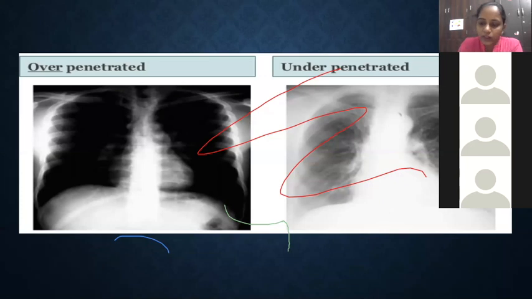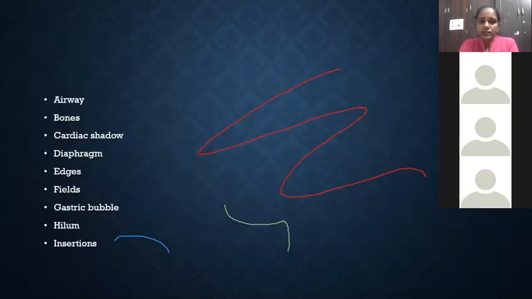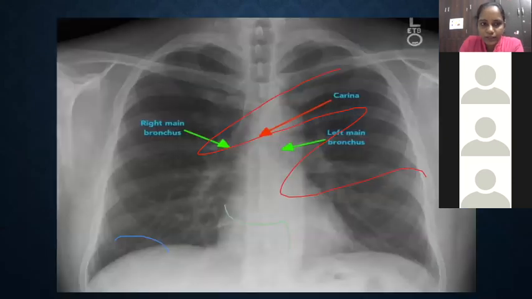So this is the common order in which we go about an X-ray, where we see the airway, bones, cardiac shadow, diaphragm, edges, lung fields, gastric bubble, hilum, and other insertions to prevent missing any of the things.